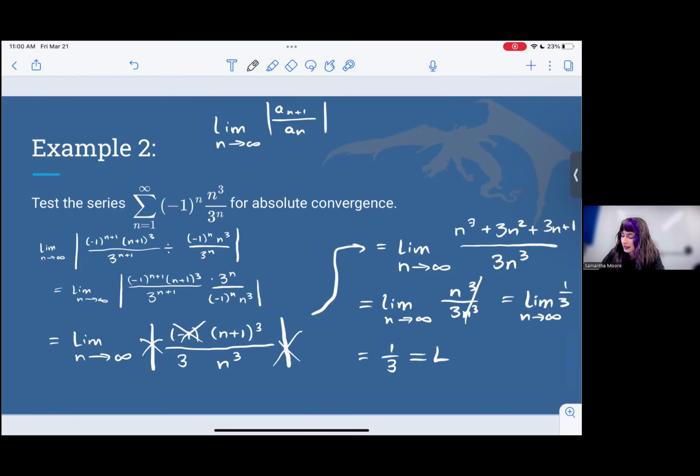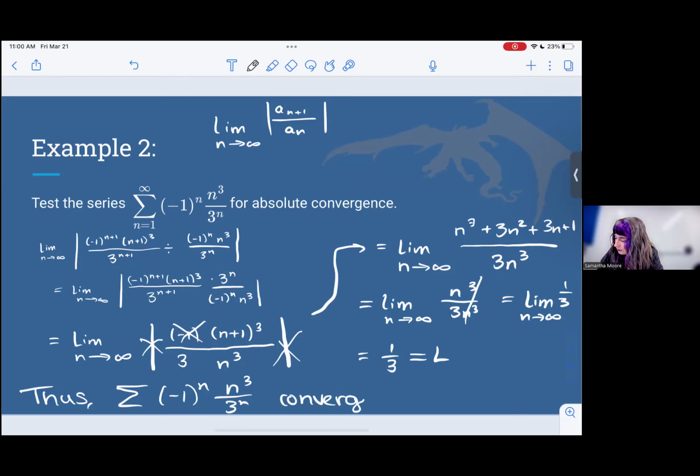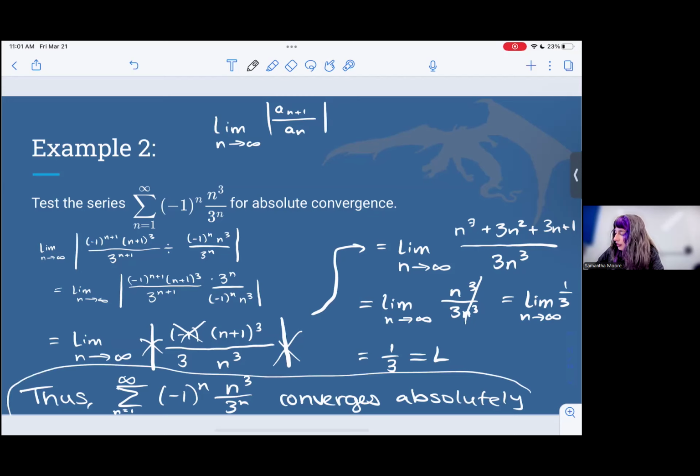So since our L is less than 1, we get to say that the series we were given converges absolutely. That is our final answer based on the ratio test.